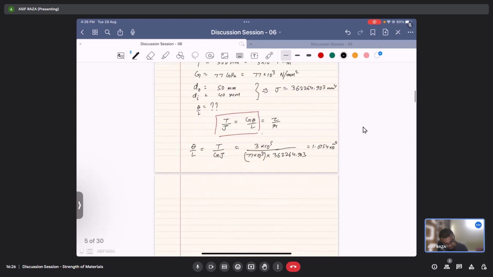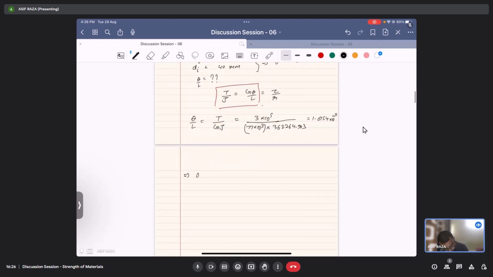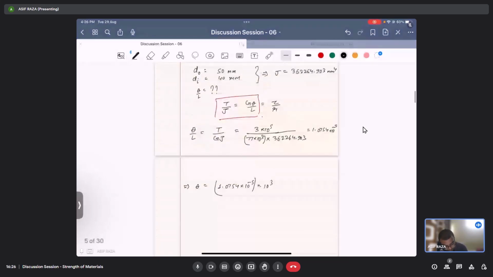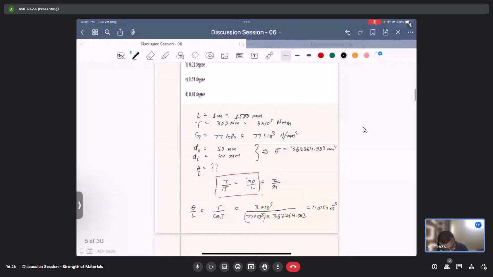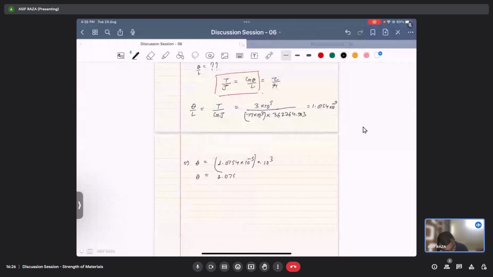So just convert this. Theta would be equal to 1.0754 into 10 to the power minus 5 into 10 to the power 3, and this would be equal to 1.0754 into 10 to the power minus 2 radian.